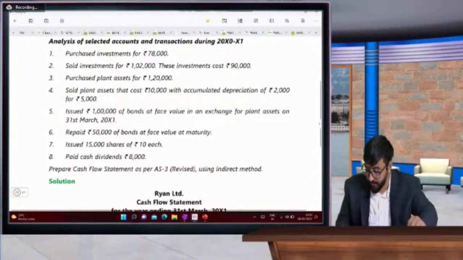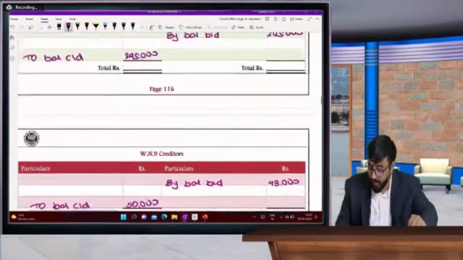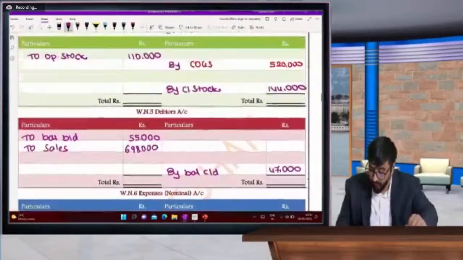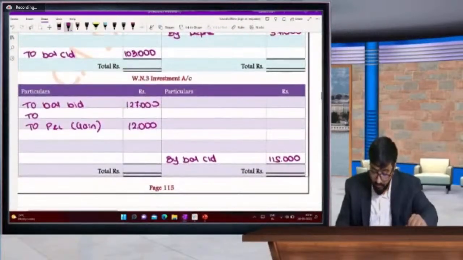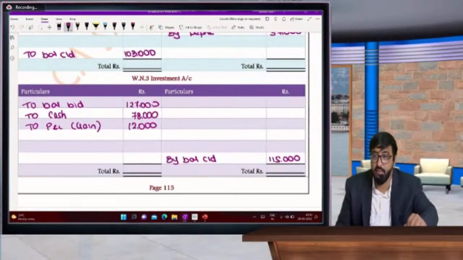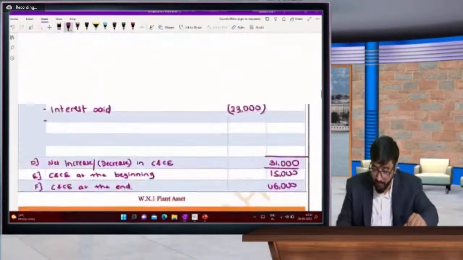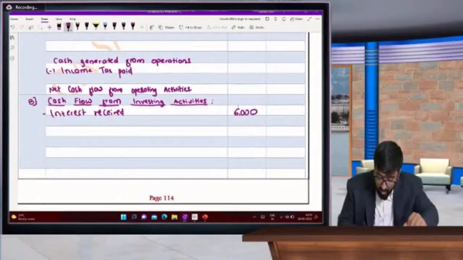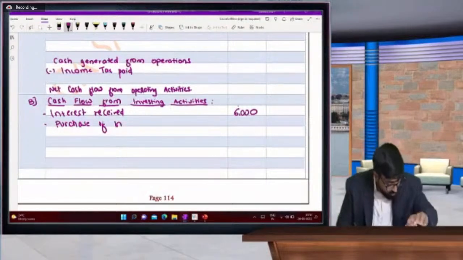So investment comes in, so debit the investment account. Investment to cash. What is the amount, sir? 78,000. And whenever it is to cash, the second effect will be in the investing activity. Sir, purchase of investment.